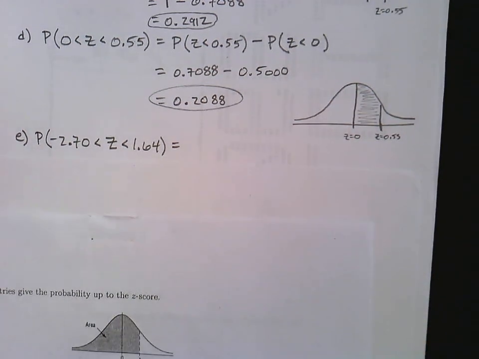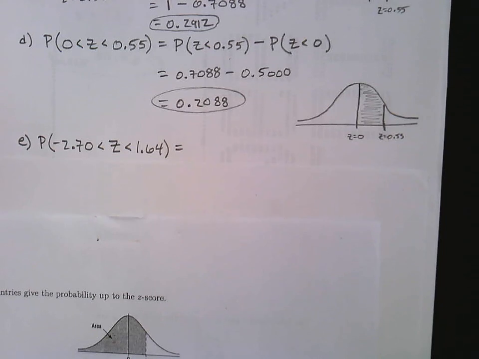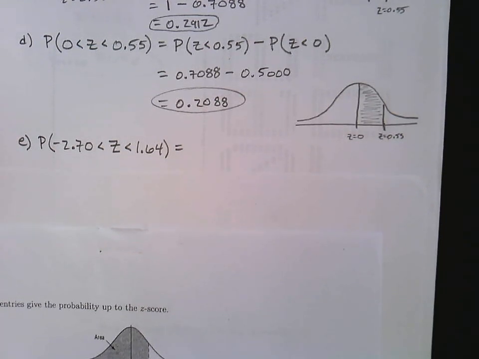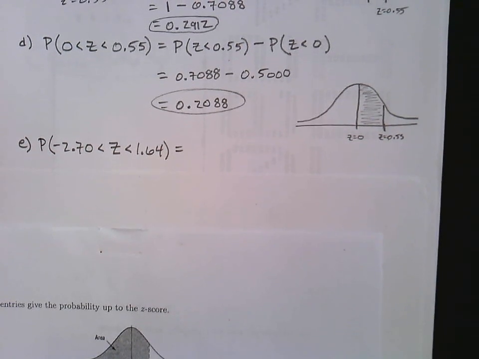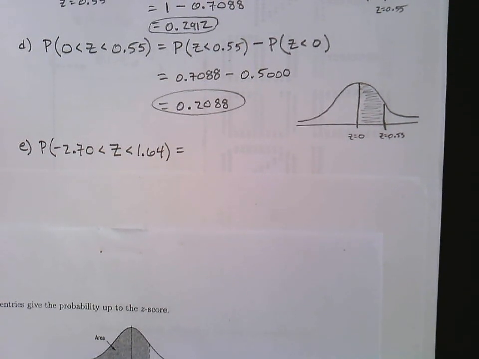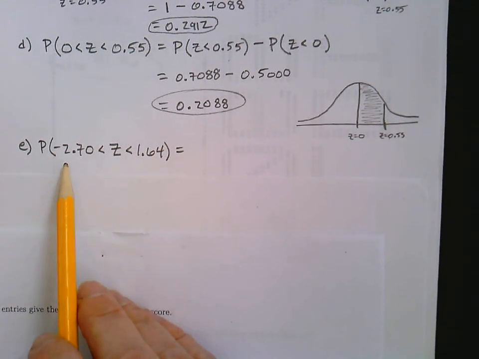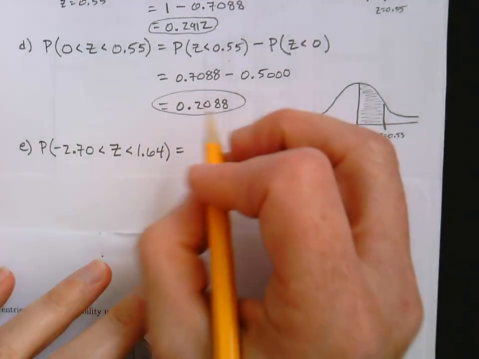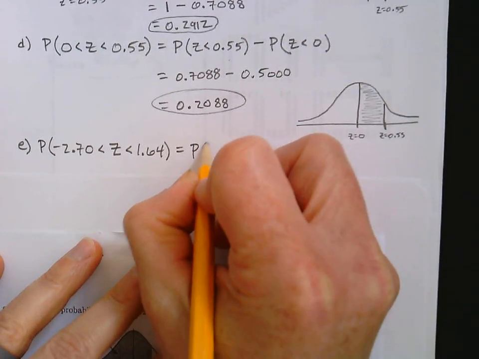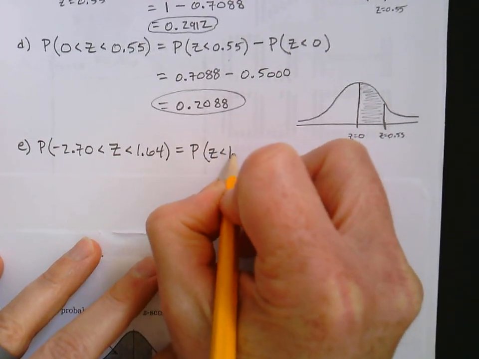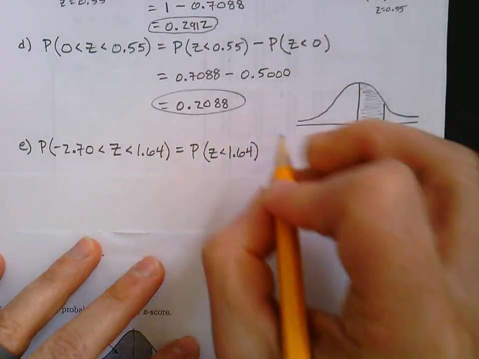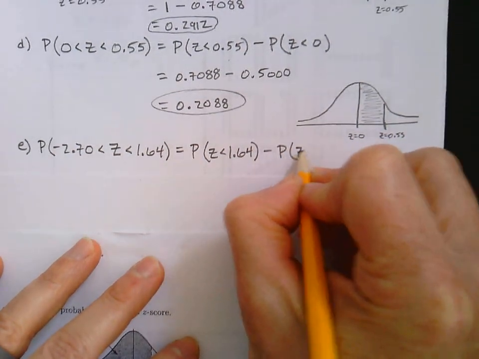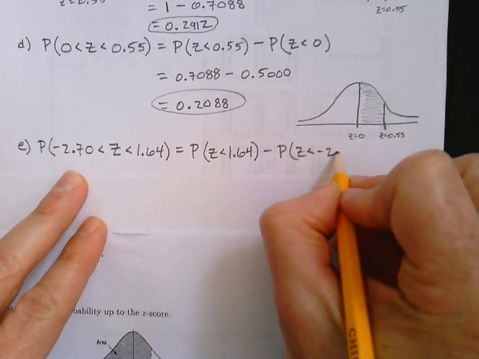I think we've got one more, part E. It's a similar question, but I give some different numbers. The probability that z is between negative 2.70 and 1.64. We're going to start this the same way: less than the bigger one minus less than the smaller one.